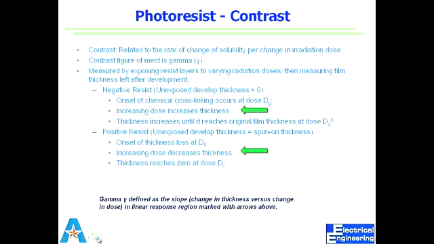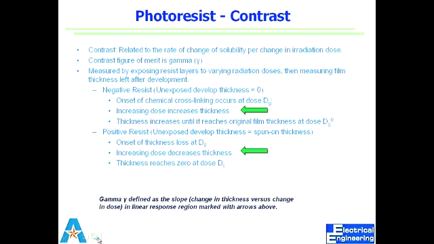So the basic difference is in negative resist, this changed region starts developing from the top, but in case of positive resist, that starts developing from the bottom. So in another case, there is already a thickness which is available.